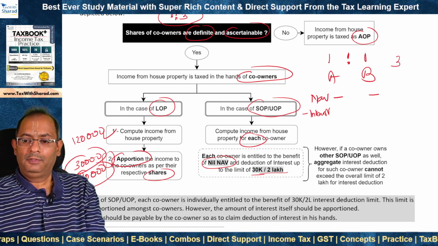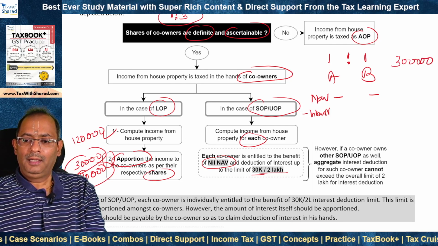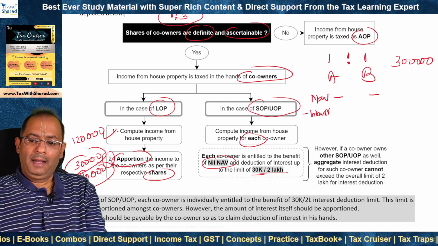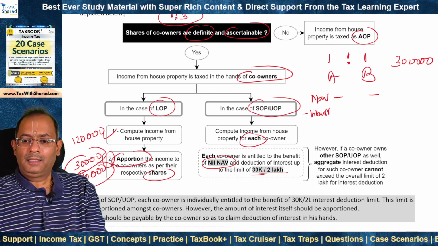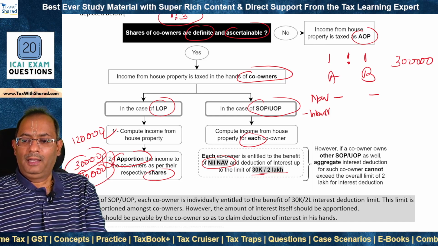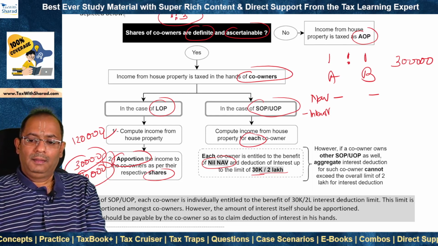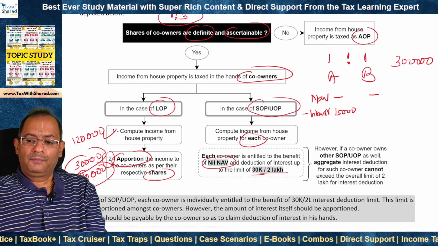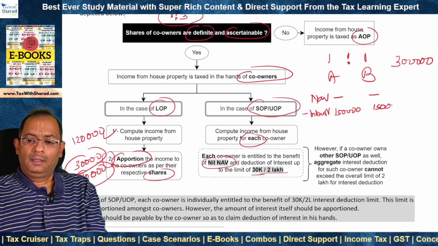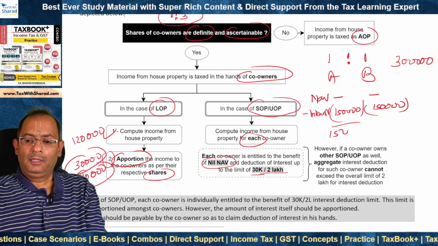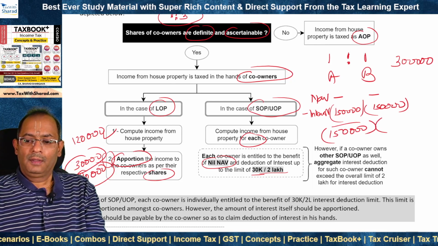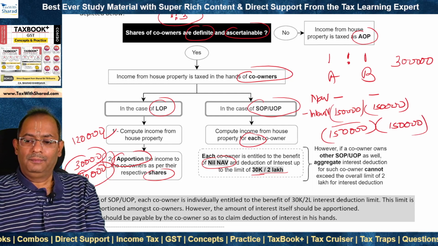So for example, if the total interest payable is 3 lakh rupees, right? And if both A and B pay interest of say 1,50,000 each, then 1,50,000 each will be the deduction which will be allowed to each of them separately, and consequently each of them will have a loss of 1,50,000.